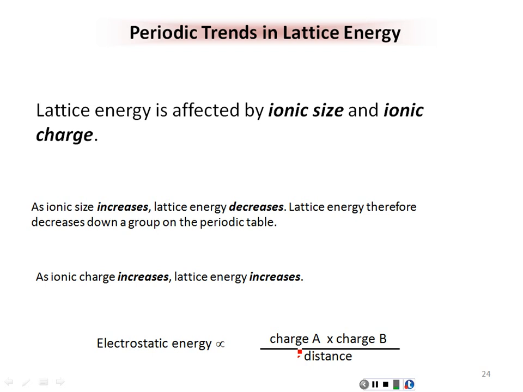That decreases it. So the strength of an ionic bond gets smaller as the ions in that ionic bond get bigger. If you remember the periodic trend for size, size goes up when you go down a group. So lattice energy is going to decrease when you go down a group on the periodic table.